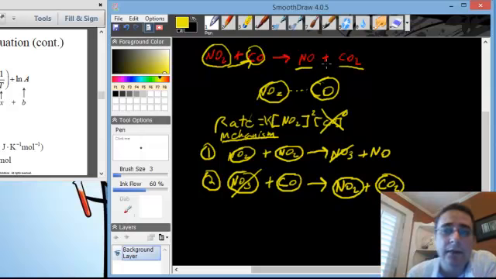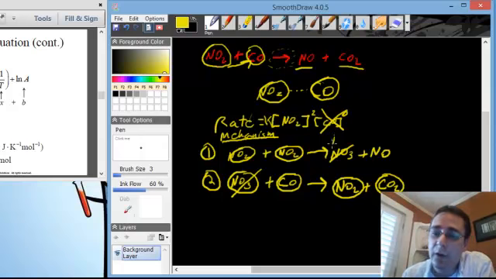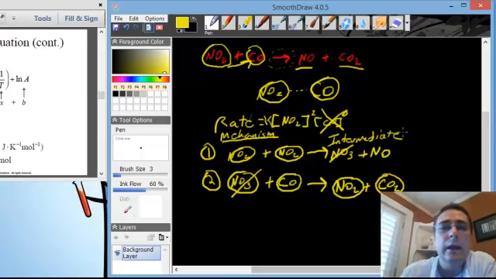It doesn't exist in the end. And this arrow here doesn't tell us anything about what's happening in between. So NO3 is what we call an intermediate. An intermediate is anything that's created in one step and then destroyed in another. So NO3 is an intermediate.